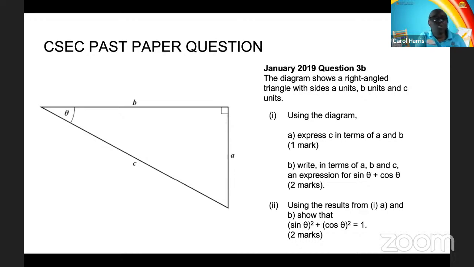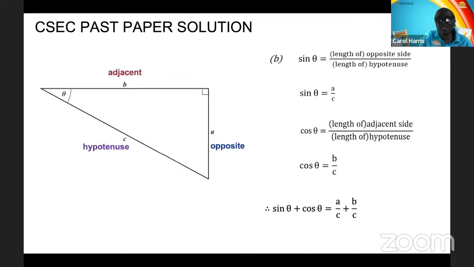So we're going to go now to looking at finding an expression for sine theta plus cos theta. You can go ahead, sir. Right, here we are. Since we know sine theta is A divided by C, cos theta is B divided by C, that would be sine theta plus cos theta: A divided by C plus B divided by C. It's up to you. You may make it a single fraction or you may not. Do they have a common denominator?